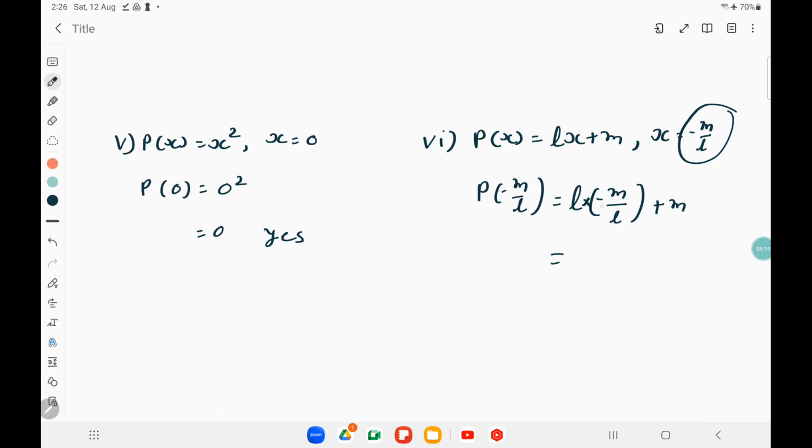Here it is a multiplication relation, so L and L cancel down, so minus m plus m, which becomes 0. So yes, minus m over L is also a zero of this polynomial.